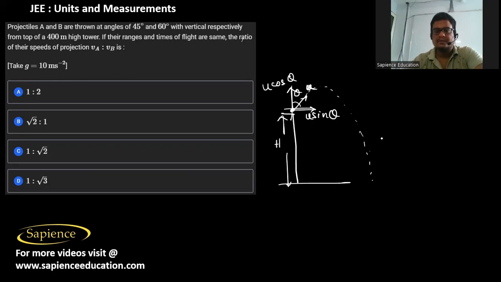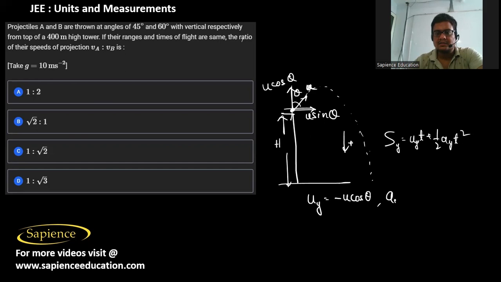So this will be, as you know, displacement along the y-axis equals uy into t plus half ay into t square. Now suppose we take vertically downwards as positive, then uy, which is the initial velocity, will be minus u cos theta, and the acceleration along the y-axis is equal to plus g, since g is acting vertically downwards, and the displacement along the y-axis will also be plus h.